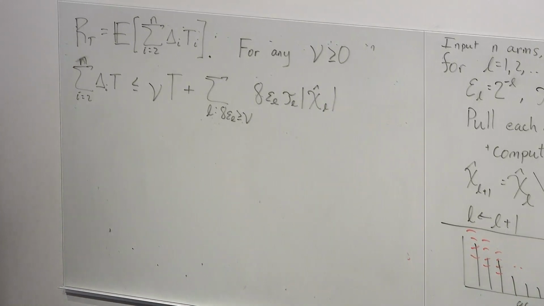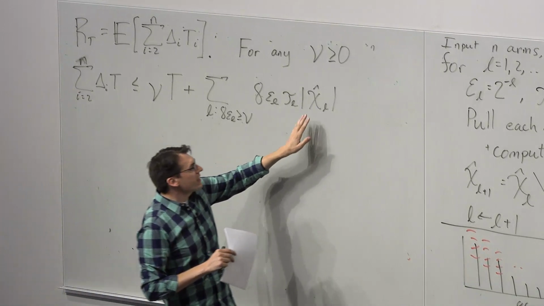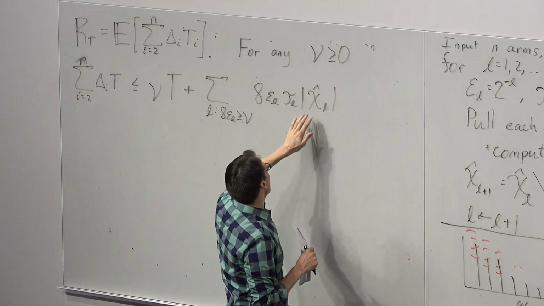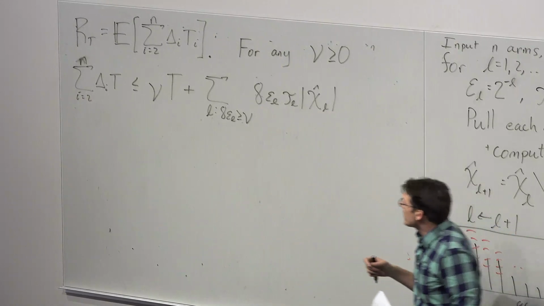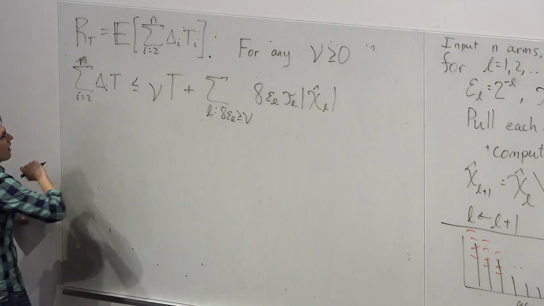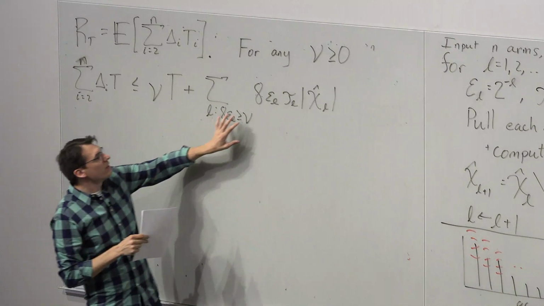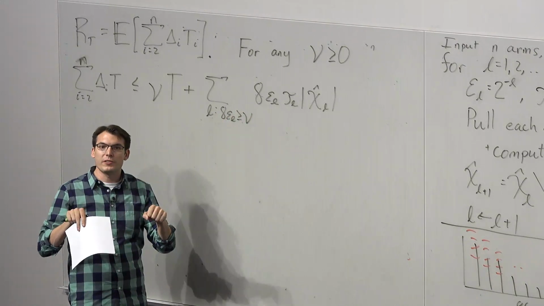Right? Because what I've assumed on event E is that no arm in x hat L has a gap bigger than 8 epsilon L. And so I'm upper bounding simultaneously the gap delta I on each round L like this. But what I've done is I've split it up into two pieces.